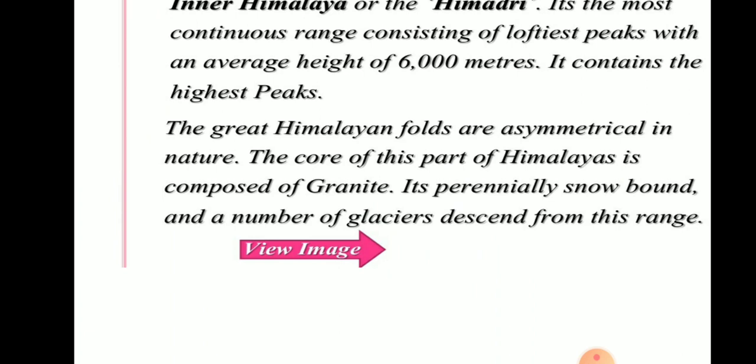The great Himalayan folds are asymmetrical in nature, and the core of this part of the Himalaya is composed of granite rock. It is permanently covered with snow, and a number of glaciers descend from this range. So we have a lot of different kinds of glaciers here.